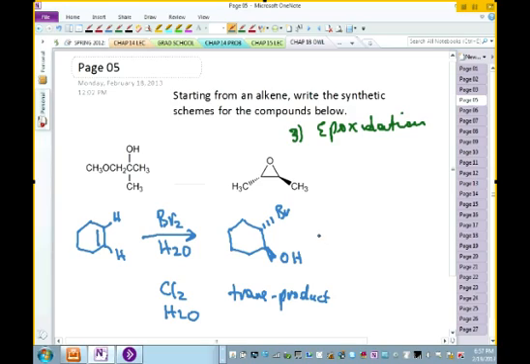Now, once you get that trans product, you could now do almost like an intramolecular Williamson ether synthesis. Do you know what that means? Intramolecular Williamson ether synthesis.